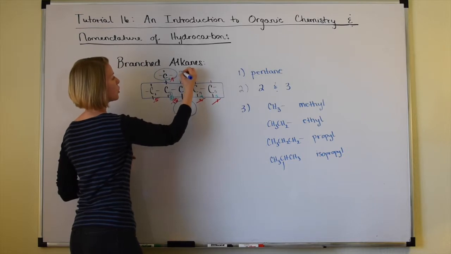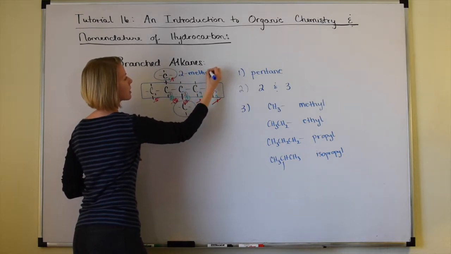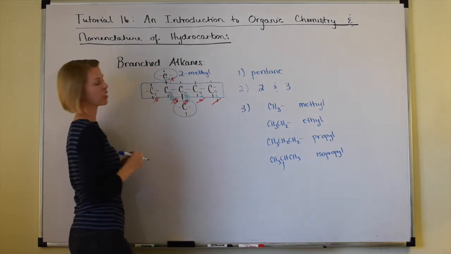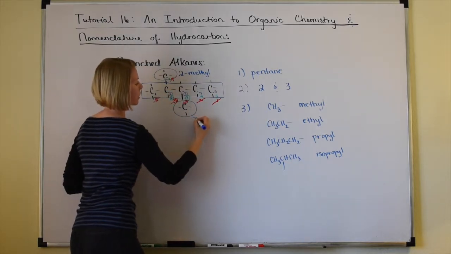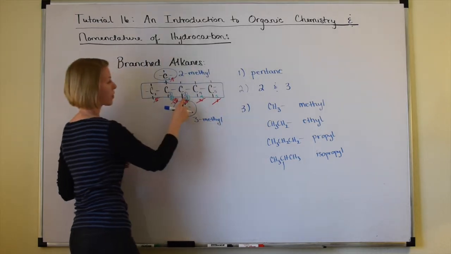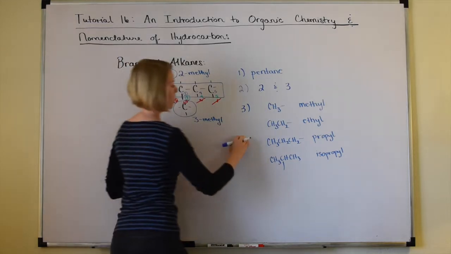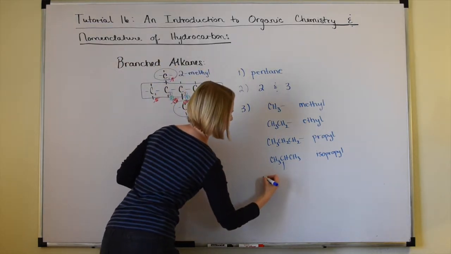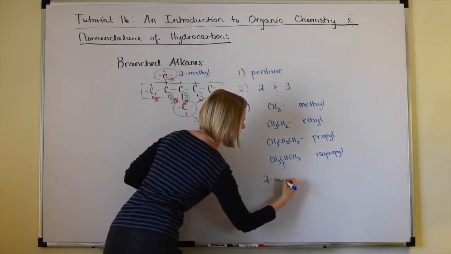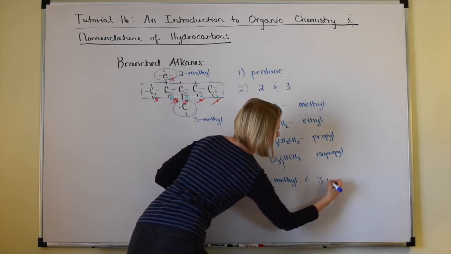We've got a 2-methyl, 2 because it is at the second carbon of the pentane chain, and we have got a 3-methyl. 3-methyl because it's at the third, it's off of the third carbon of the pentane chain. So I'll write for step number 3, we've got a 2-methyl and we've got a 3-methyl.